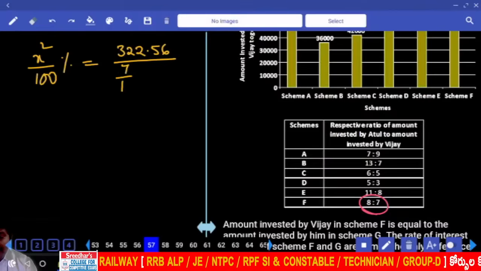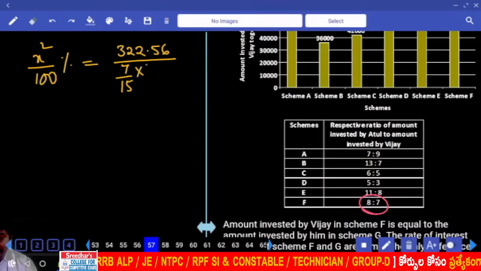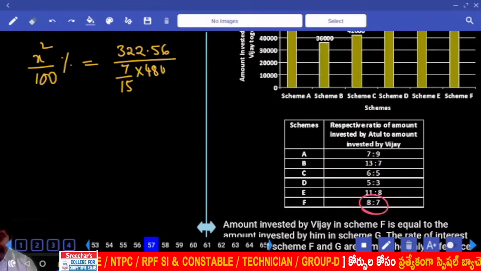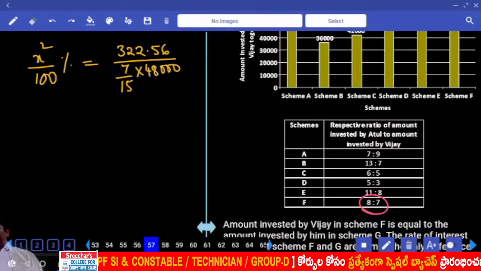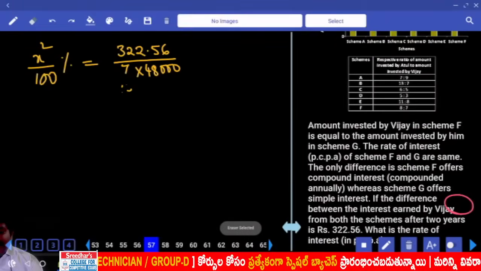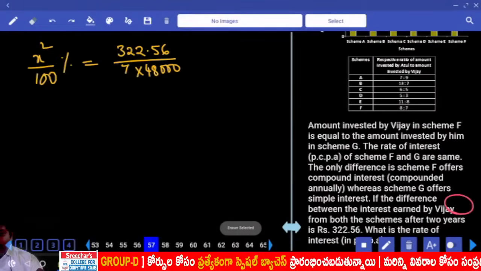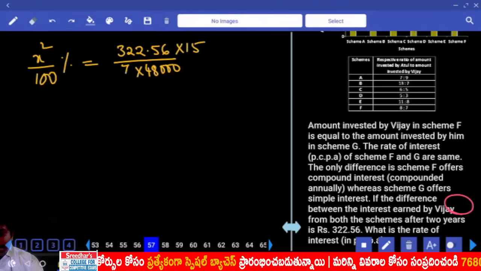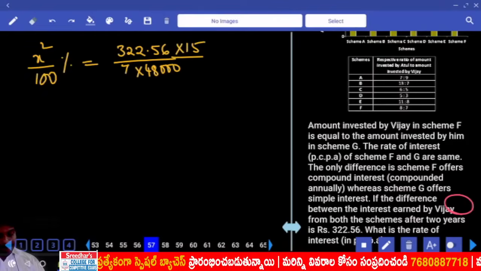Now Vijay is getting 7 out of 15 among 48,000. Clear? In denominator 15 is there, that goes to numerator into 15.